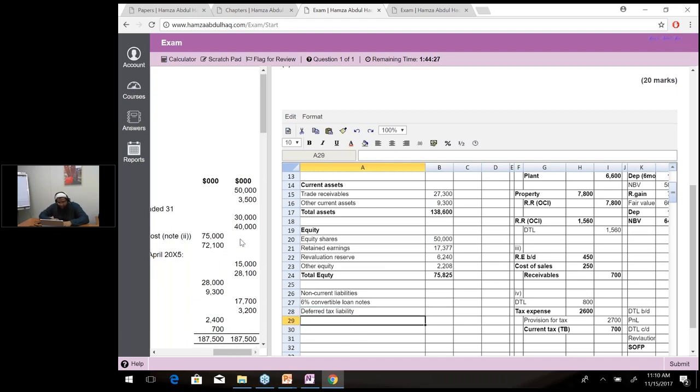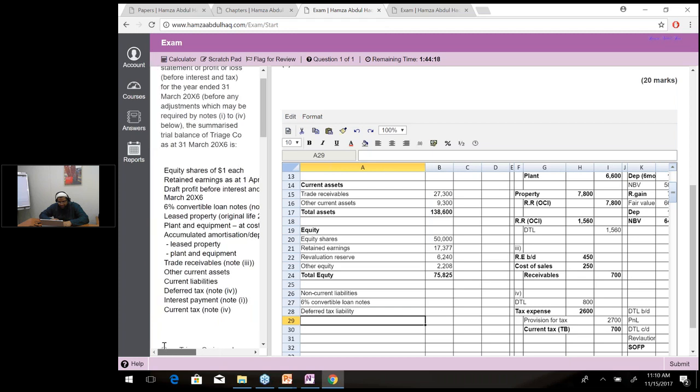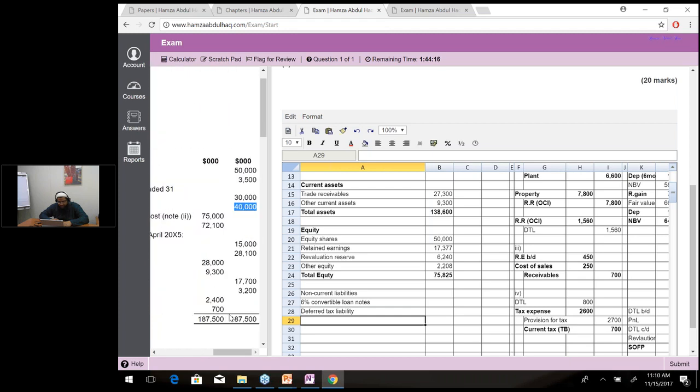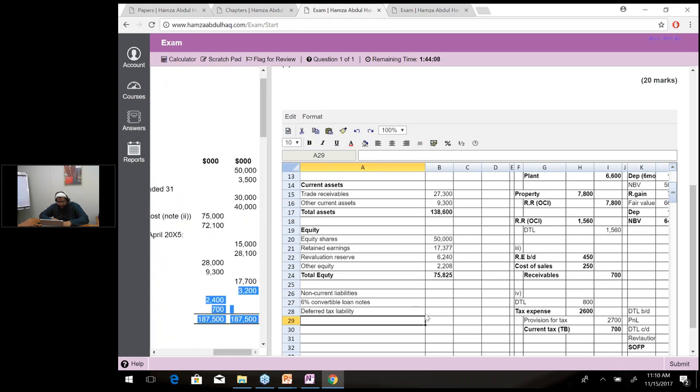So the loan notes in the question were actually 30,000. No, 40,000. The loan notes in the question were actually 40,000 and the deferred tax liability was 3,200. This 3,200. Yes. So I'm writing equals to 40,000.